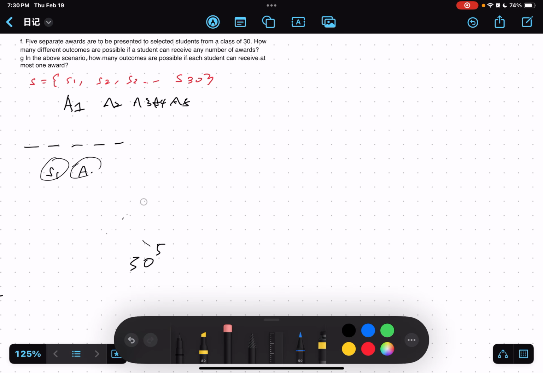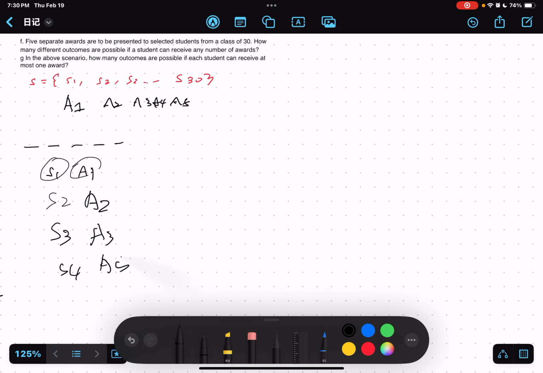So who will choose A2, award 2? S2 might take award 2, S3 might take award 3, S4 might take award 5.